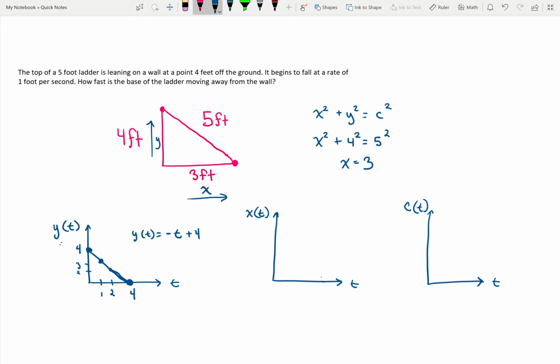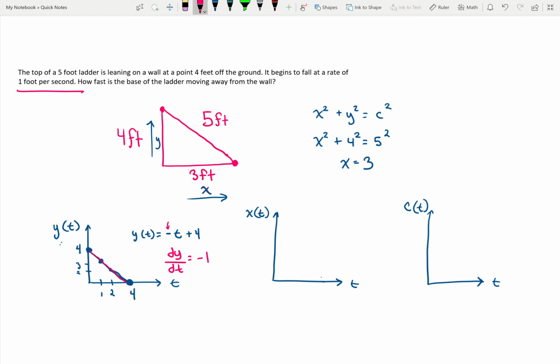So in a way, they've told us that dy/dt is equal to -1, right? Because the derivative of this function is the slope. It's the slope of this line, which is -1. And it was also given in the question. So you have to really analyze what's happening because they're giving you a lot of clues. You just have to make sure you read it the correct way.